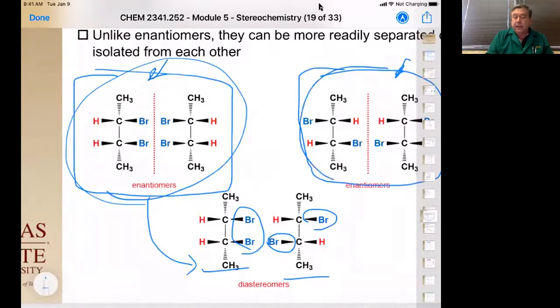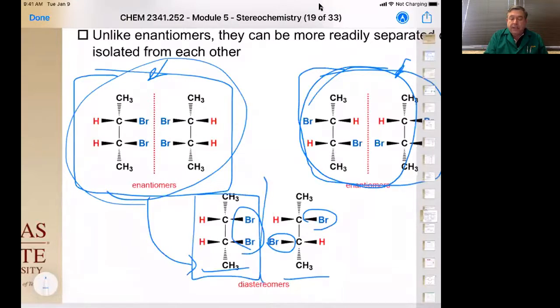And these right here would not be separable from each other because they would have similar physical properties. However, these 2 probably will most likely have different physical properties, and you can separate that pair. Because they are diastereomers and they are not enantiomers, they should have some physical property difference between them that you can tell the difference.